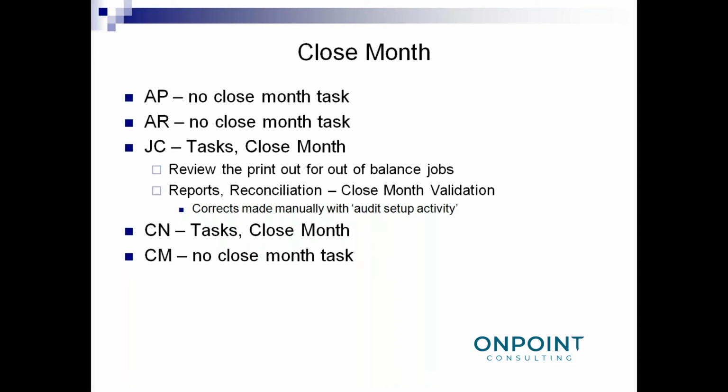I'm not including payroll in this session because payroll has to be live, current, and moving forward constantly. So if you have the payroll module, you should already be doing a close month as you process through each month in the year. Job cost, you can only go 1 month into the future.